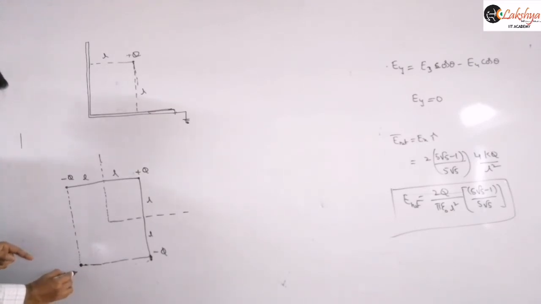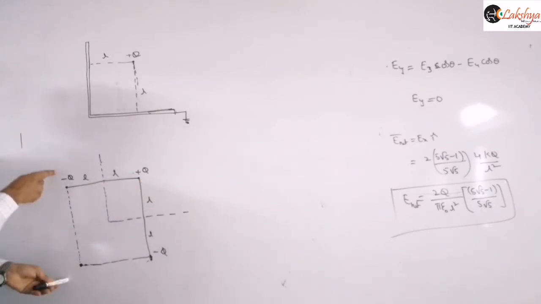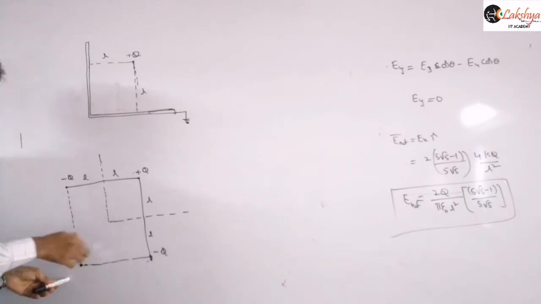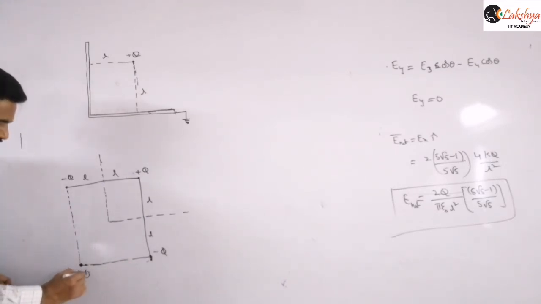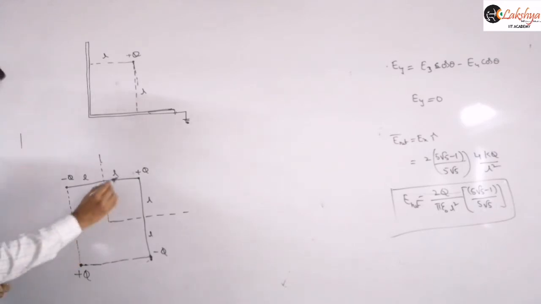And so this charge, can you say the sign of this charge now? Whether it is positive or negative? That means actually this is not the direct image of this, right? It is the image of either this charge, or you can consider this as the image of this charge. Both the images will coincide at this point here. And so this charge must be positive, opposite to this. Got it? And so now this distance will be 2L, this total distance. And so this is 2L and this is 2L.